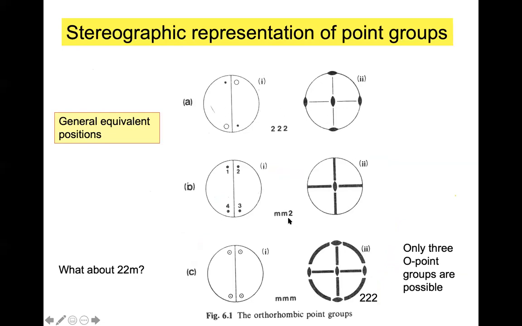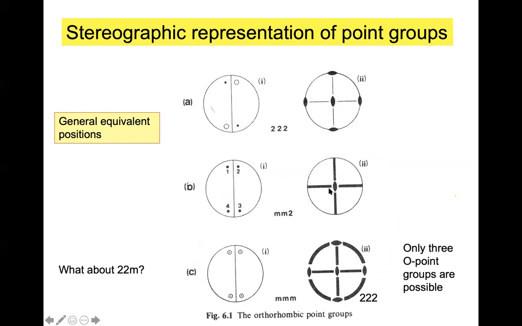Now I have another point group, MM2. Again, it is orthorhombic. You see symmetry elements, mirror plane, two-fold axis. This two-fold axis is along the Z direction. So that's why it is in here. This is the A and B direction, A axis and B axis.